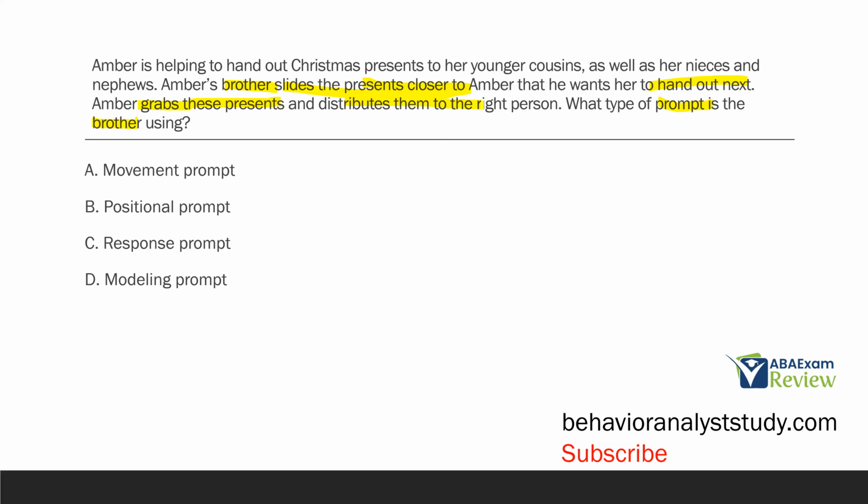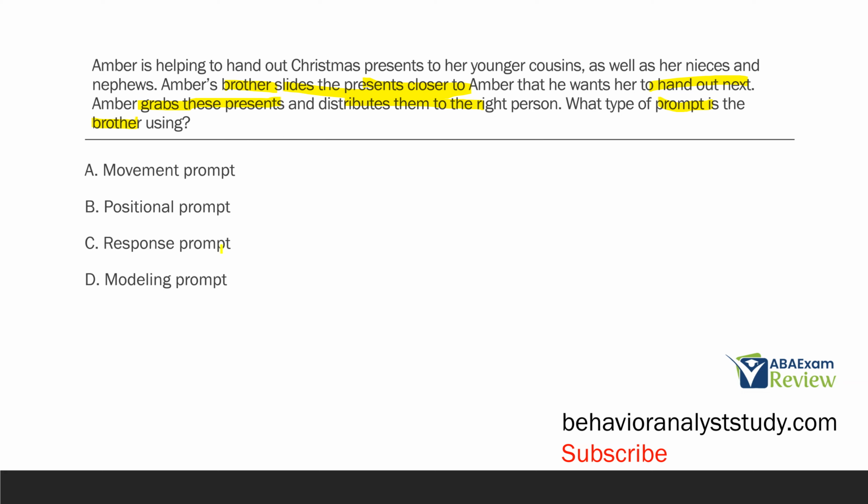So, what type of prompt is this? A, a movement prompt. Don't get movement prompts confused with positional prompts. Movement prompts could also be called gestural prompts. What we're really doing here is B, a positional prompt. He's taking the stimulus, the presents, and moving them closer, thus getting Amber to grab the right present.